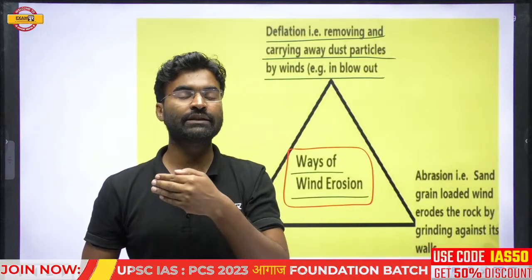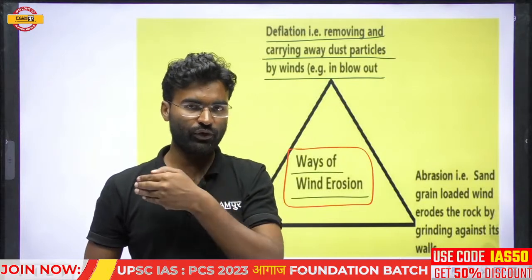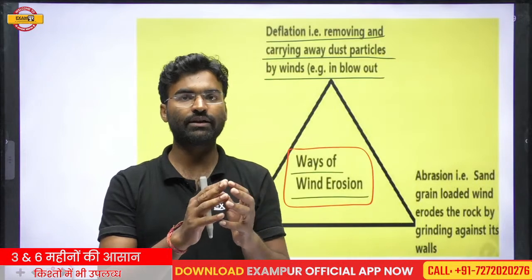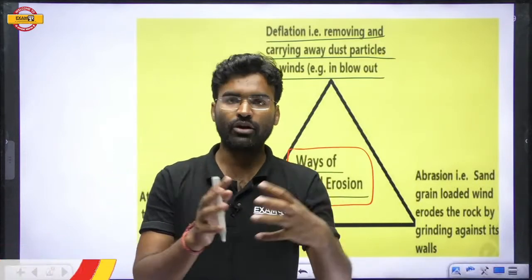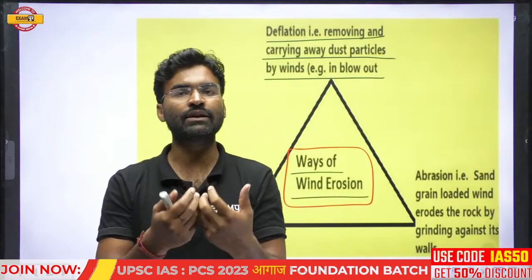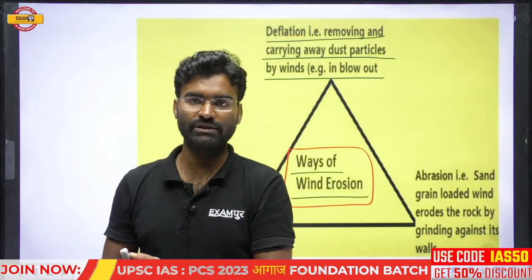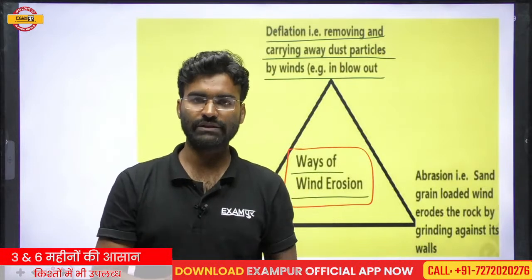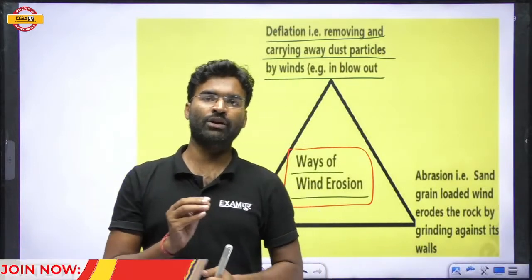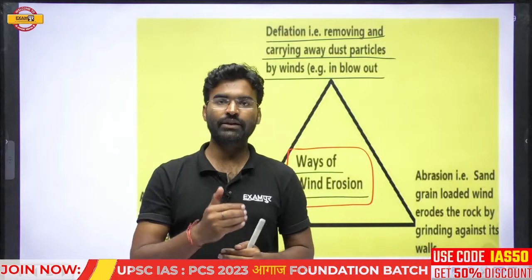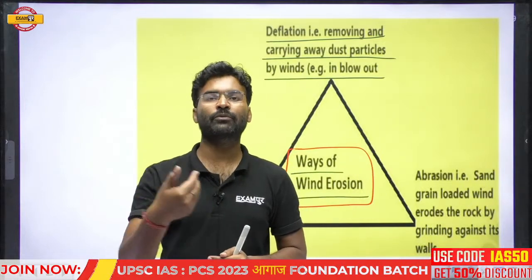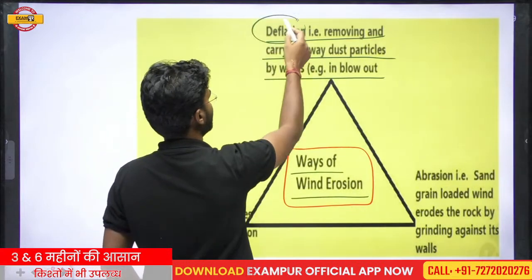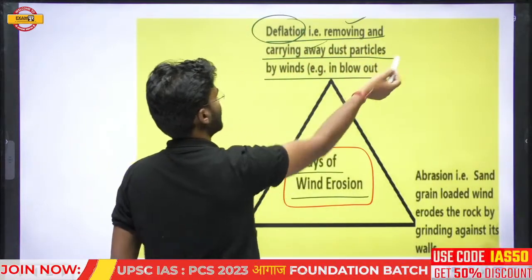Due to the velocity it generates force, and if this force hits any surface, it weakens the bonds of that particular rock or soil or any land surface. If the bonding of the rock and soil gets weaker, it would be displaced from that area. So firstly, deflation is the removing and carrying away of dust particles.